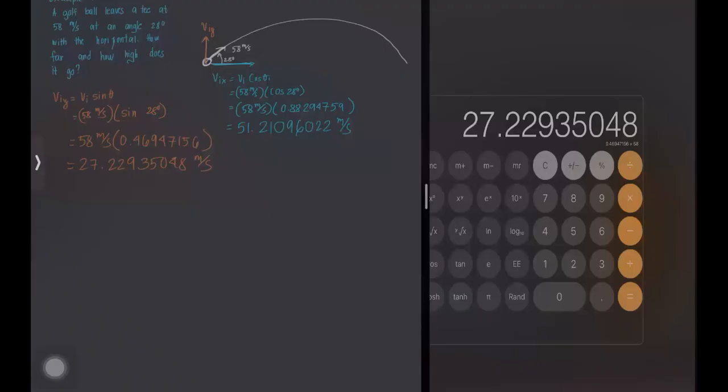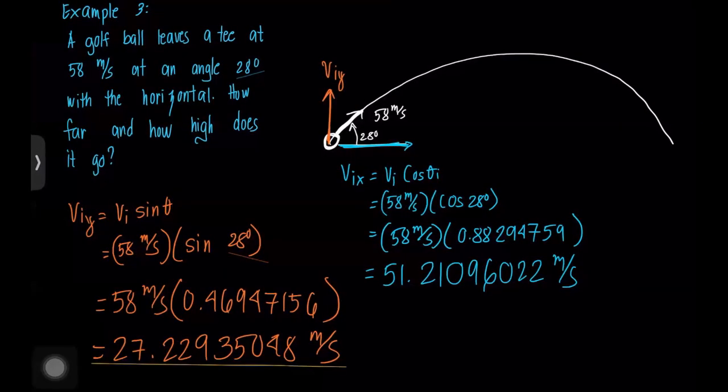I'm using a calculator application, but please solve it again using the scientific calculator so there are no mistakes. The question is how far and how high does it go?